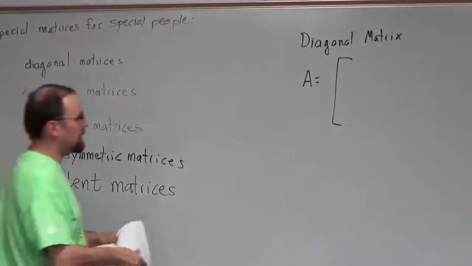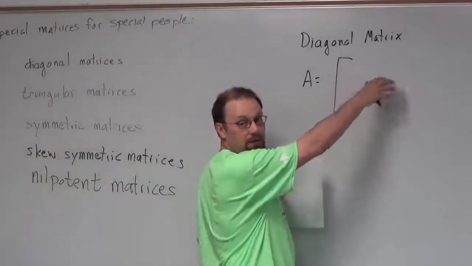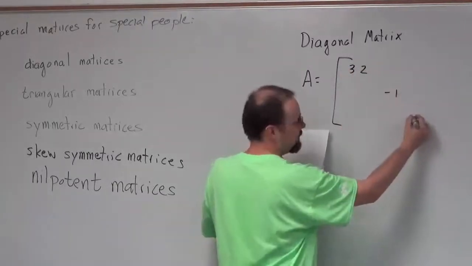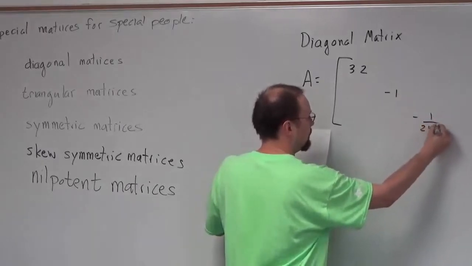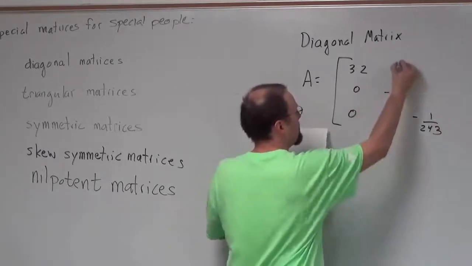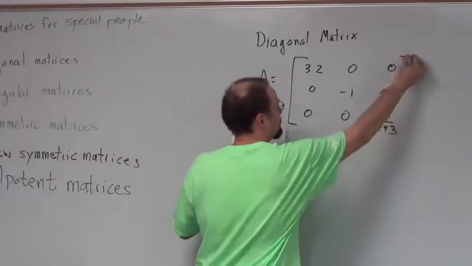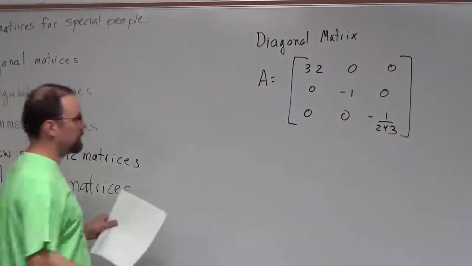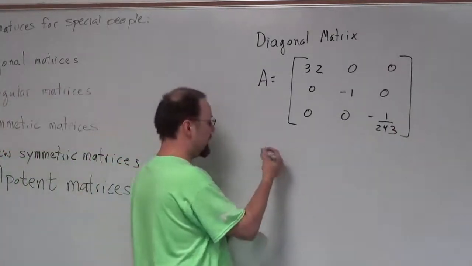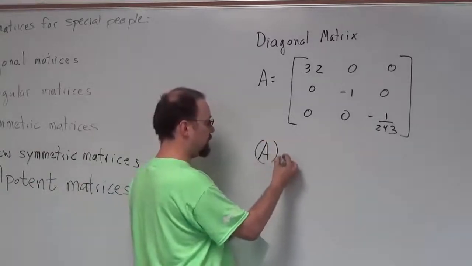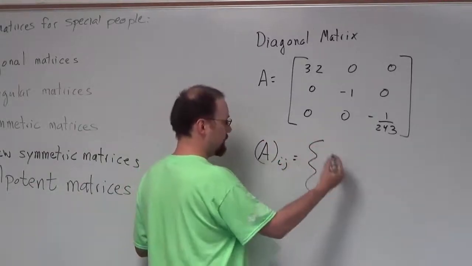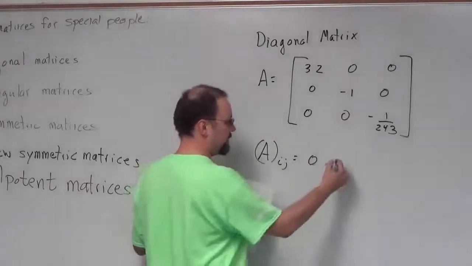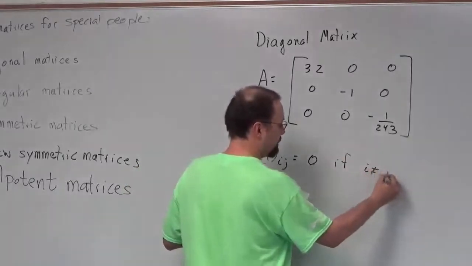All the entries in the off diagonal, or the entries that are not diagonal entries, are 0. Here's an example of a diagonal matrix. And if we'd like to define a diagonal matrix using index notation, we would say that a diagonal matrix is one whose ijth entry is 0 if i does not equal j.